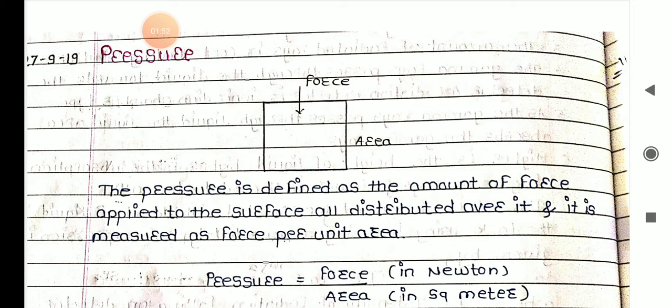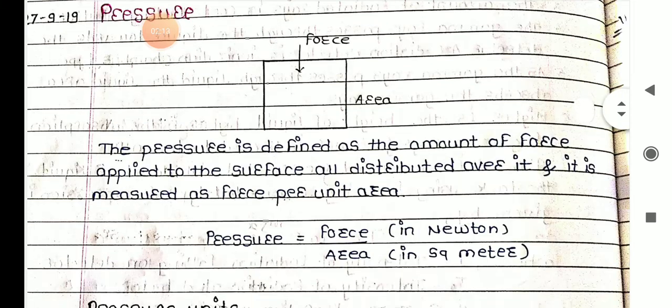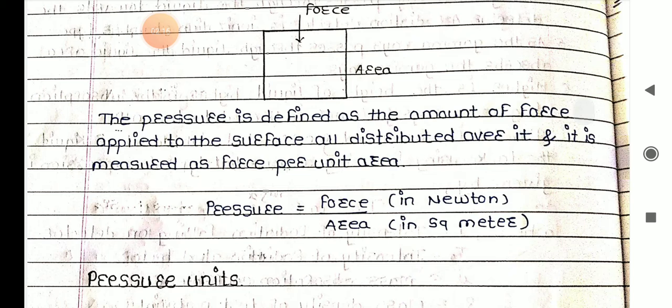We can take two physical quantities: one is force, and the other one is area. So you have to apply some force to that surface. Pressure equals force divided by area. Force can be measured in Newtons and area in square meters.